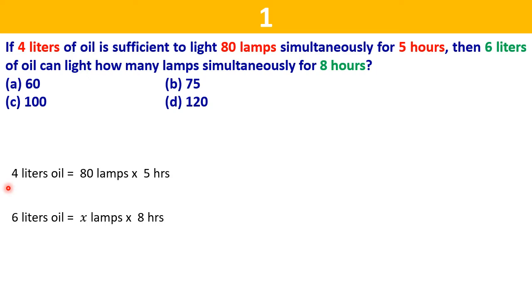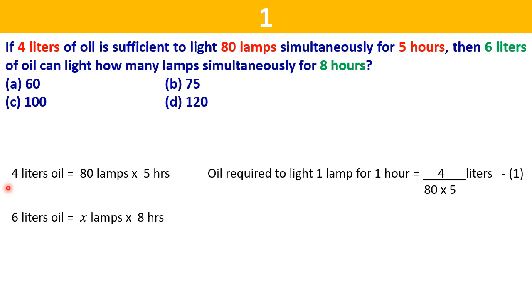Now, how to further simplify these equations? I will write it as oil required to light 1 lamp for 1 hour. These are 80 lamps for 5 hours. So for 1 lamp for 1 hour, I should take this 80 and 5 in the denominator below 4 liters of oil. So this much liters of oil is required to light 1 lamp for 1 hour.